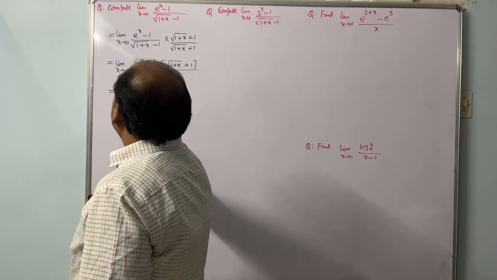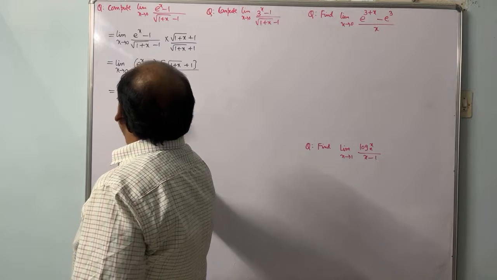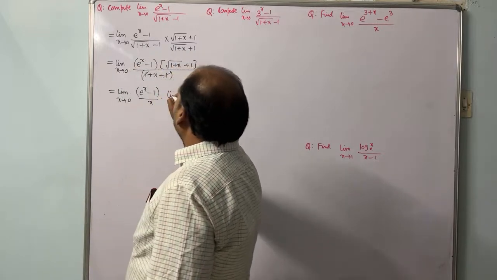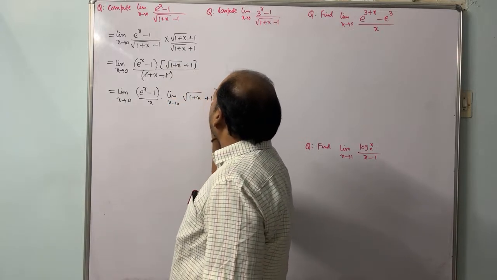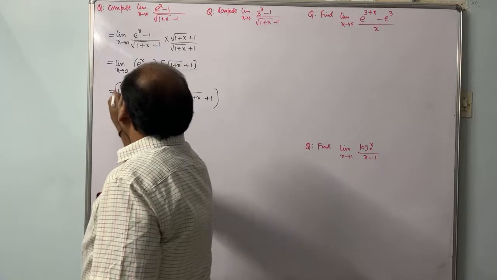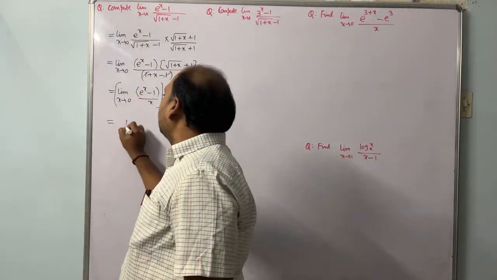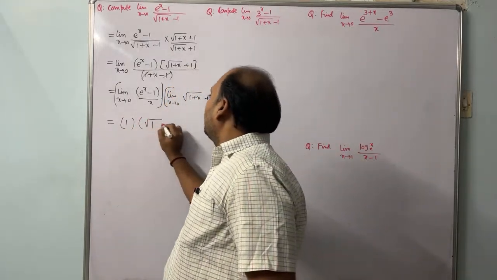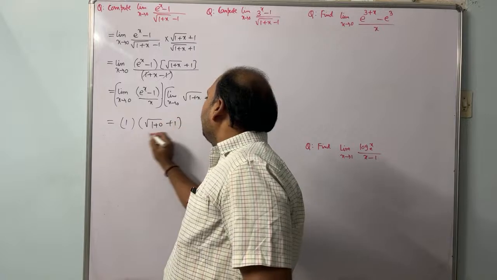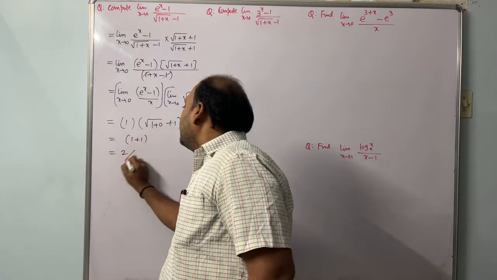Limit x tends to 0, e power x minus 1 divided by x, limit applied for the second term, root 1 plus x plus 1. Limit x tends to 0, e power x minus 1 by x equals 1, we know that. Substituting x equal to 0 in the other term, root 1 plus 0 plus 1, which is 1 plus 1, which is equal to 2.